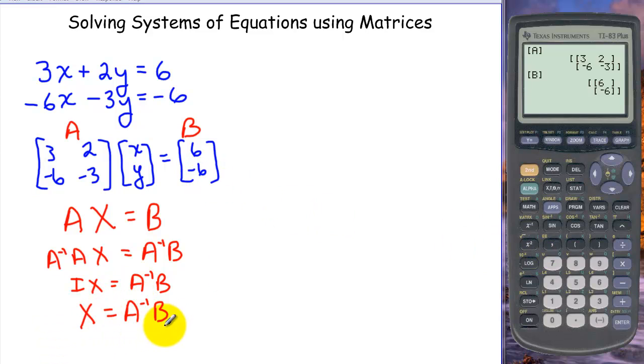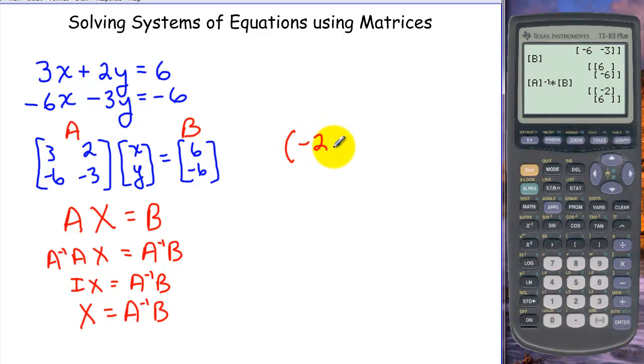So to find our variable matrix, we need to multiply by A inverse, so matrix A inverse times matrix B. And we get here our solution, x being -2 and y being 6. So our solution to this system is the xy pair of -2, 6.